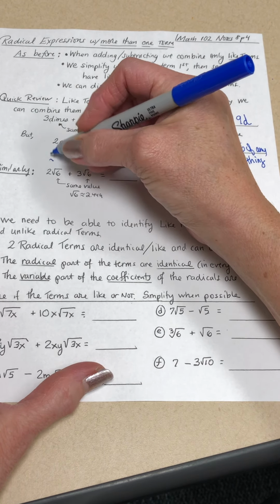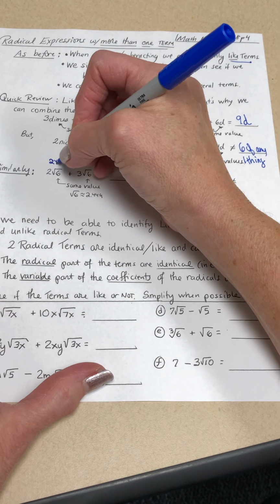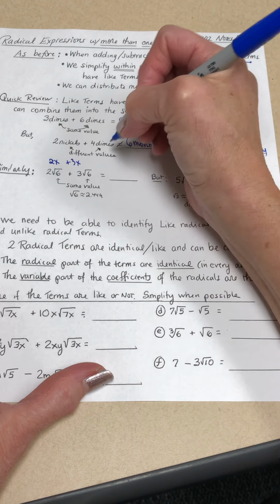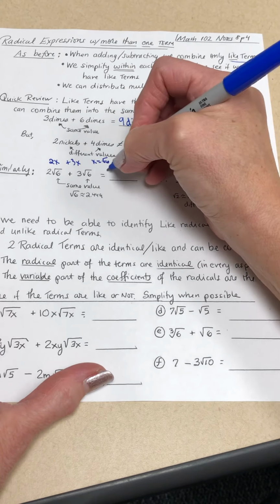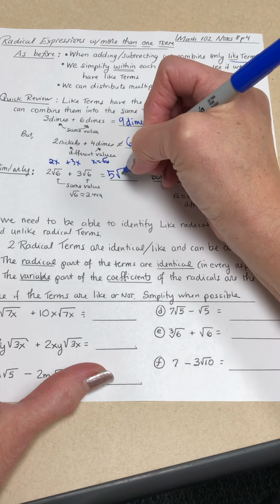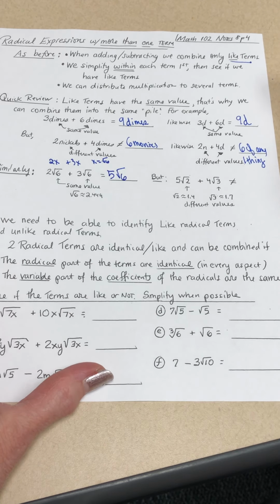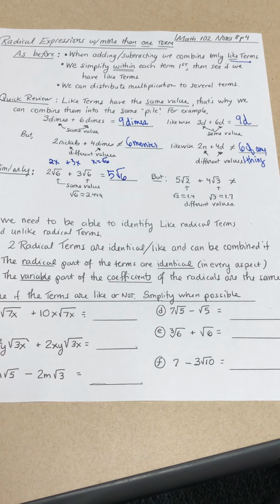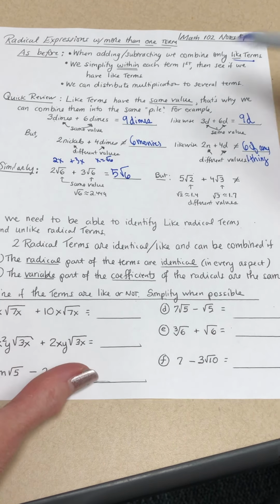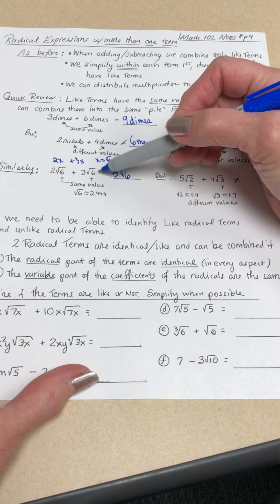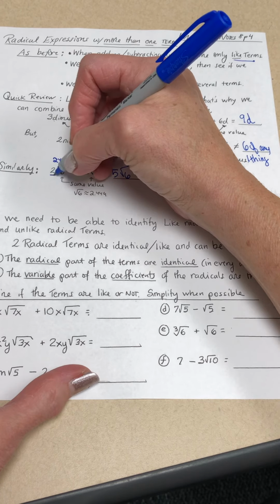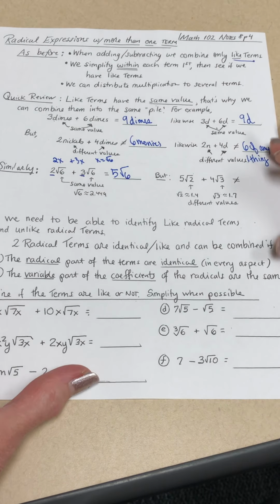It's really the same as 2x plus 3x, and x happens to be the square root of 6. This is going to be 5 square roots of 6. So combining like radicals is very similar to combining something like 2x plus 3x. When you see that the radicals are like, you wind up adding their coefficients.